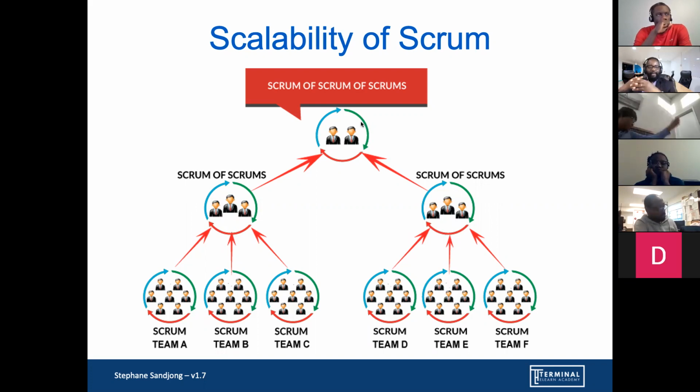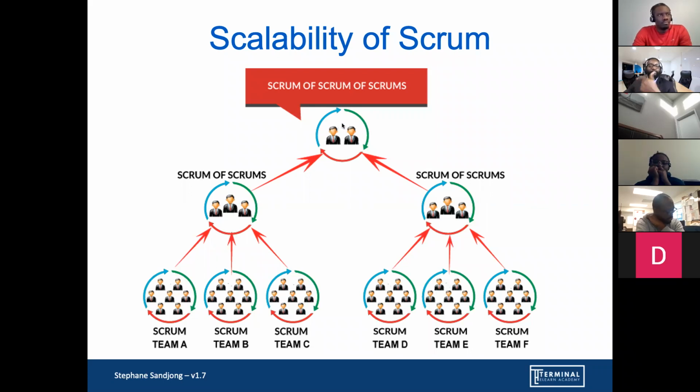Now, you might have another level where all those groups of teams have dependencies, also indirectly, on each other. So that's why this Scrum of Scrum is going to also send one representative to another Scrum of Scrum meeting.